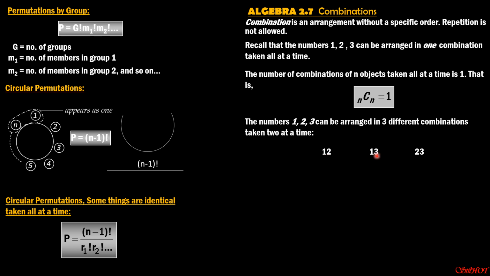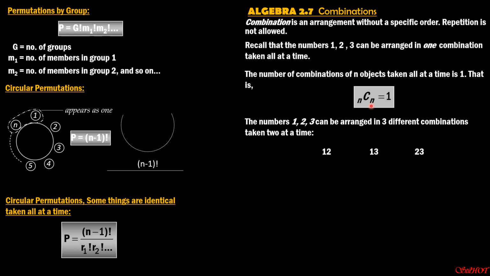In permutations, 1, 3 can be also arranged as 3, 1. But here, because the digits 1 and 2 are used in this 2-digit number, we have the same combination, 1 and 2. 1 and 3, same combination, 2 and 3, same combination.